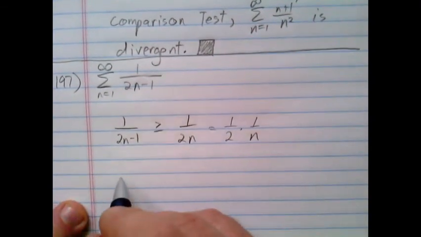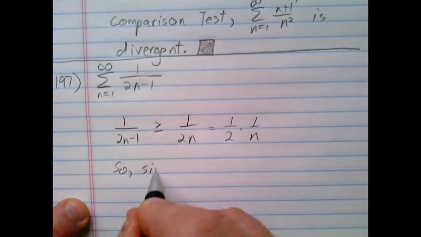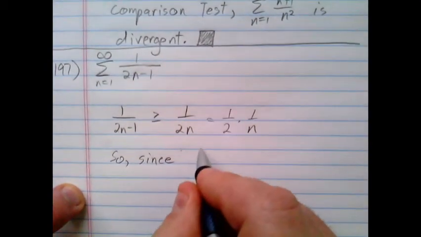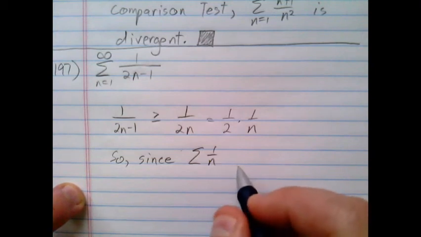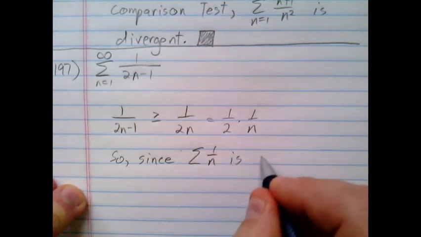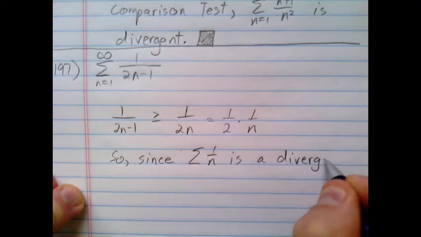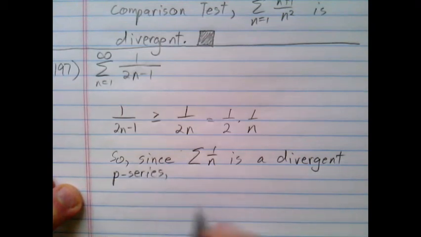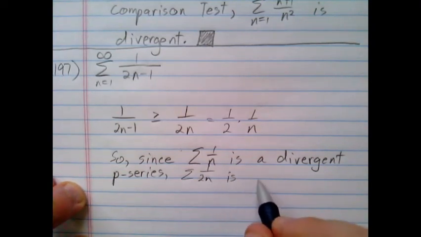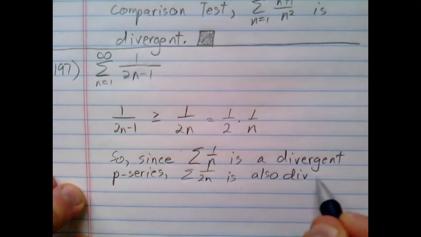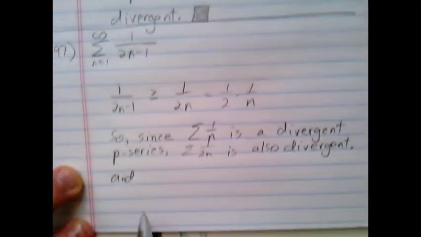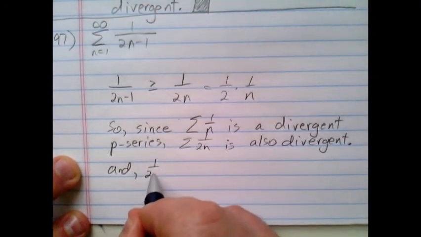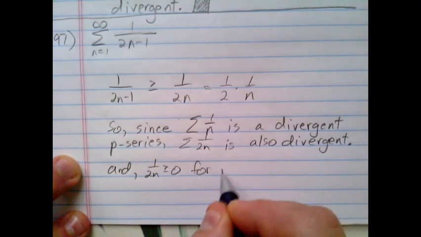I'll say it like this. Since the series whose nth term is 1 over n is a divergent p-series, the series whose nth term is 1 over 2n is also divergent, and 1 over 2n is greater than 0 for all n greater than or equal to 1.